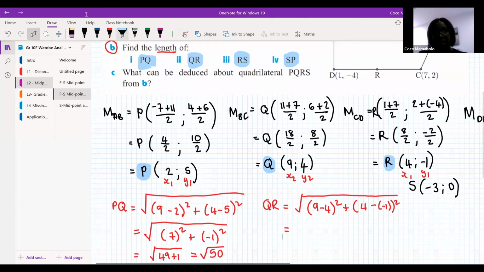Okay, so I've got x2, which is 9, minus x1, which is 2, all squared, plus y2, which is 4, minus y1, which is 5. So I don't think I've done anything wrong. Guys, can you just check for me? Yes or no? Did you guys get the same answer for PQ? Chandra says yes. Ayanda, do you want to maybe put your hand up and let's see where we may have missed it?